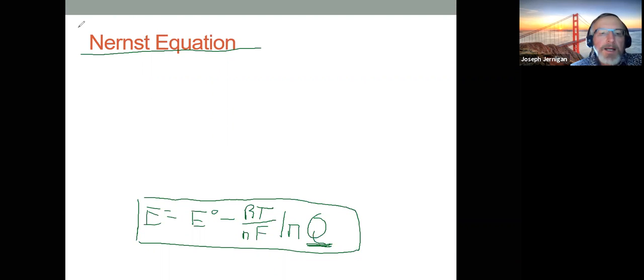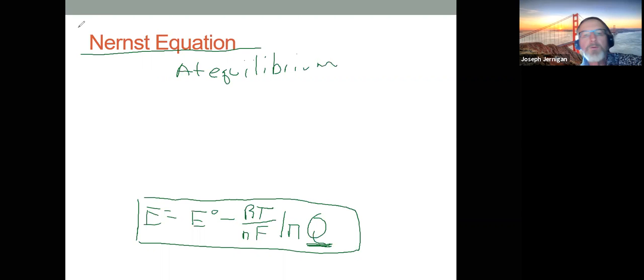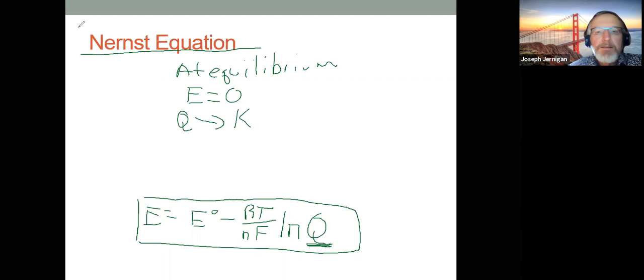Now I'm going to jump to an answer here. At equilibrium, E is equal to, lo and behold, 0, right? And that means Q has gone to K, okay?